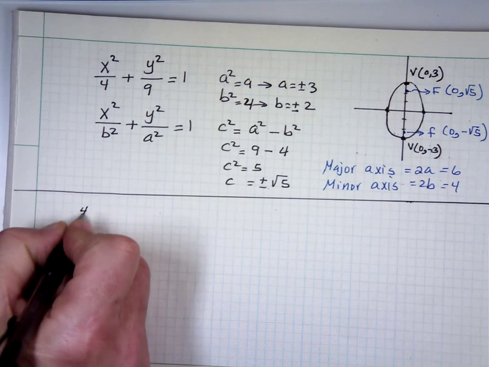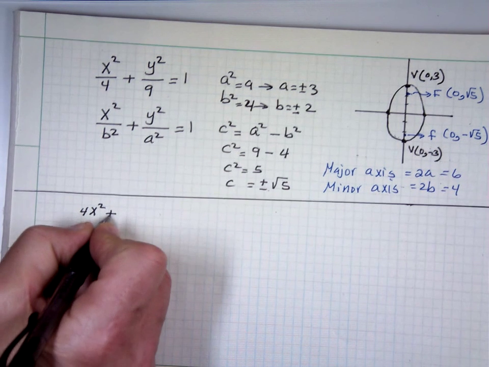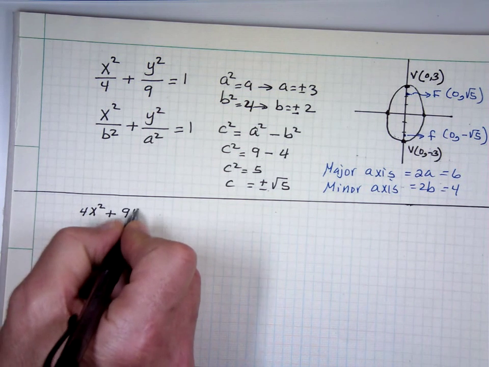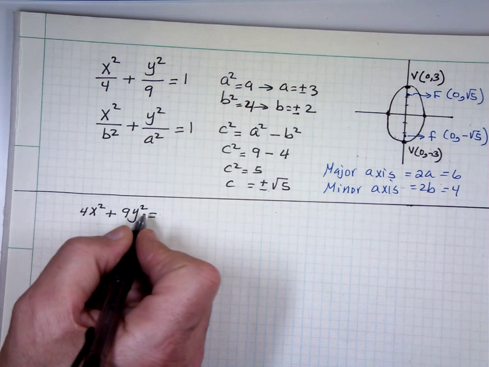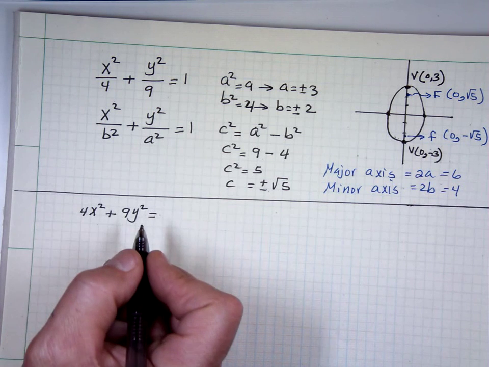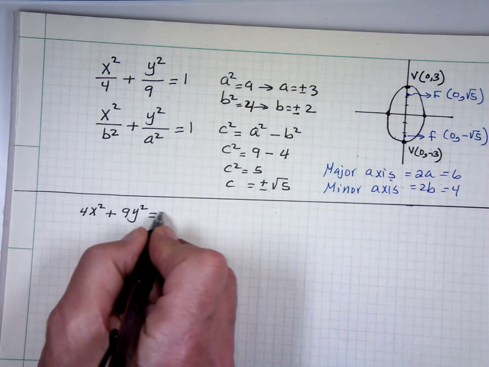4x squared plus 9y squared equals, oh, that's a big number. Do I want a number that big? 324.